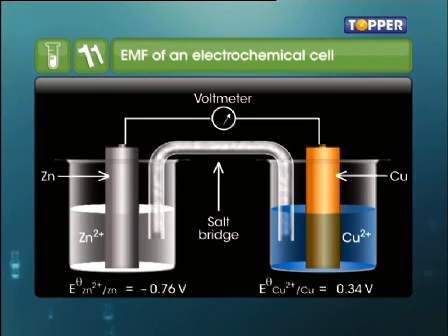Since the reduction potential of copper is higher than zinc, you will find that copper will be reduced and zinc will be oxidized. Therefore, zinc acts as an anode and copper acts as a cathode.